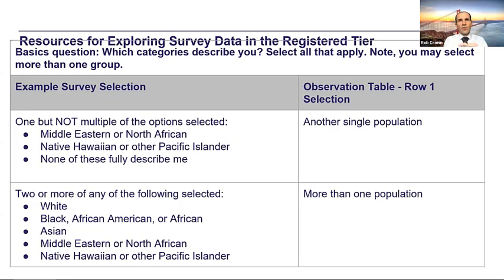So to describe it again, if I was a participant and I selected Middle Eastern and North African, what you as the researcher would see on the registered tier is another single population. So from your standpoint, I could have been Middle Eastern or North African, I could have been Native Hawaiian or Pacific Islander, and I could have been none of these fully describe me. Then there's 2 or more of the following. So now if you had selected white and Asian, you'll end up seeing more than one population.